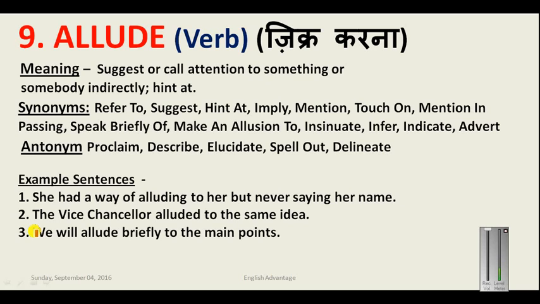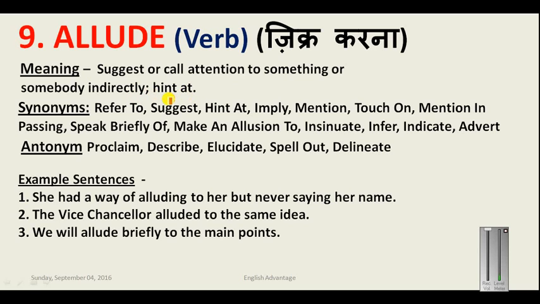Now this is a very important word, allude. To make a mention of something, or you can say to hint at something, or to imply something. Suggest or call attention to something or somebody indirectly, or hint at something.